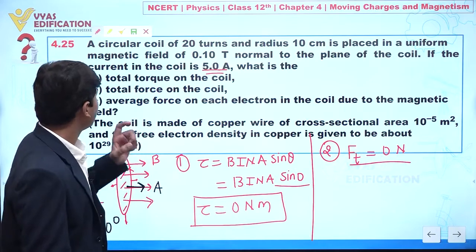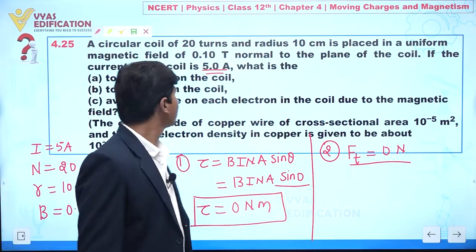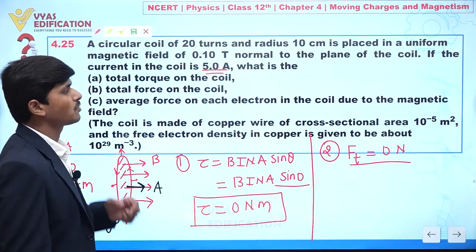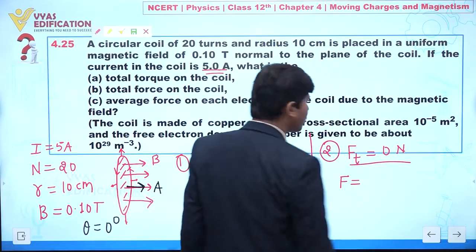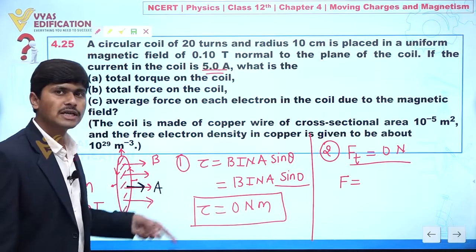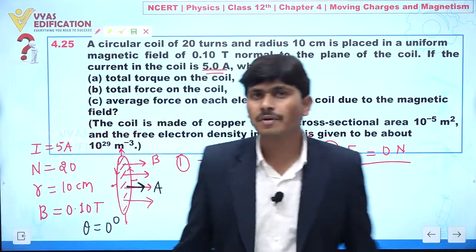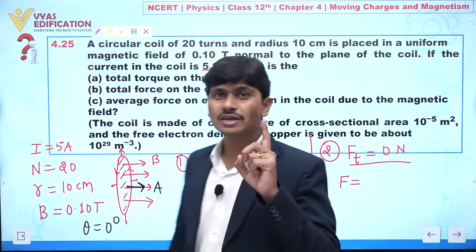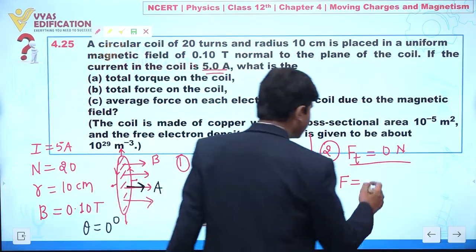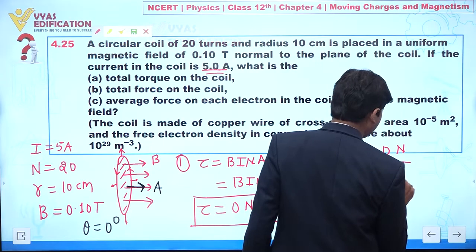Now let's talk about the average force on each electron. We know the net force on this coil is 0, but if we talk about the average force, first I am talking about the force acting on each charge. F is given by QVB sin theta.